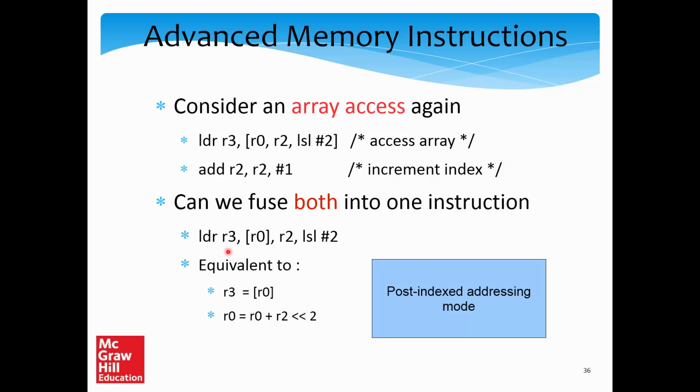So ARM defines a new format, where we write LDR R3 and we move the end of the square bracket, so instead of encapsulating the entire thing, we move the end of the square bracket to just after R0.